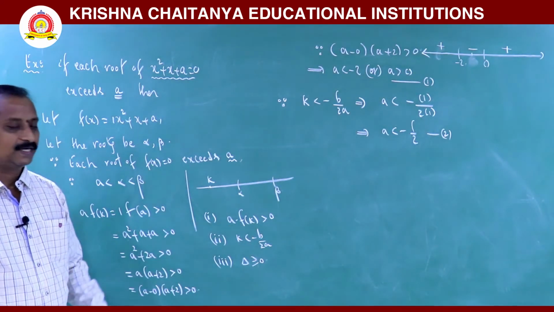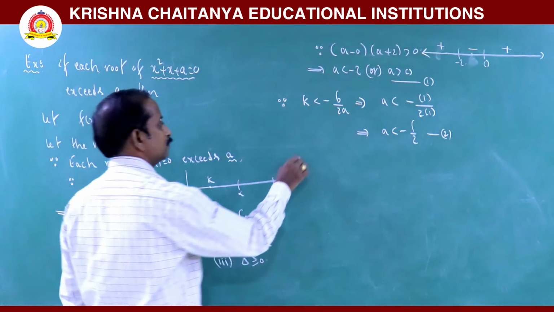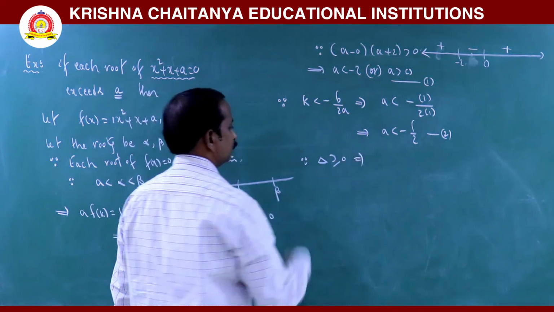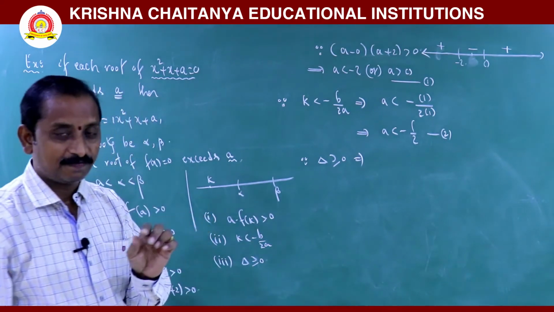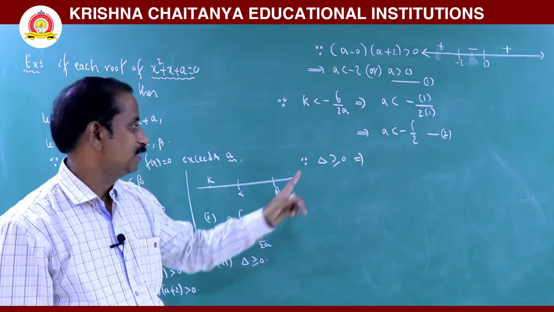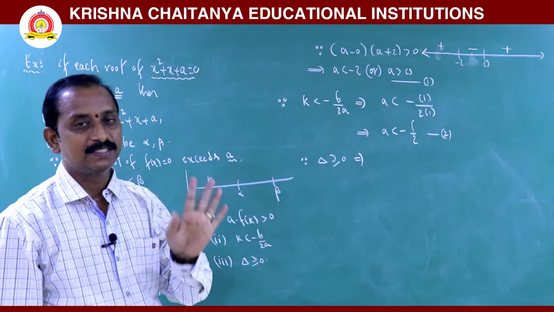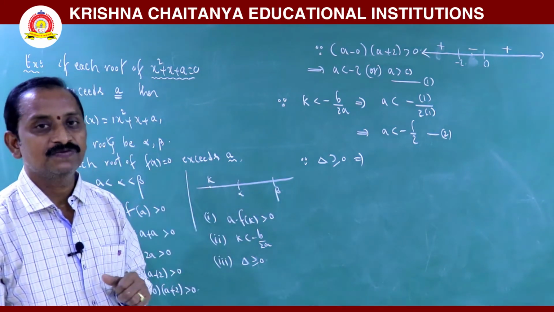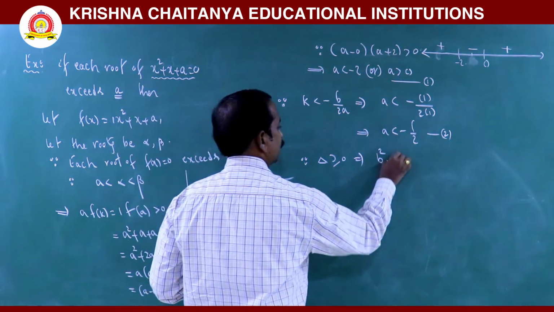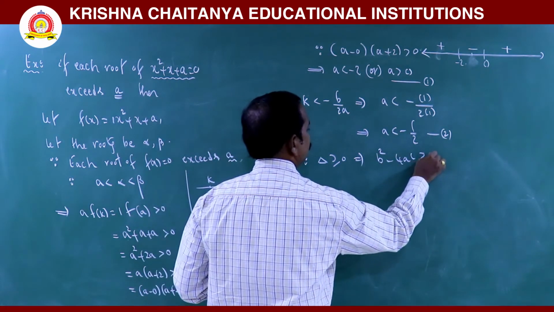The third case is delta greater than or equal to 0. Case 3, delta greater than or equal to 0. What is delta? For the respective quadratic equation, or any quadratic equation, delta is the discriminant. Its discriminant is b square minus 4ac. So, b square minus 4ac greater than or equal to 0.